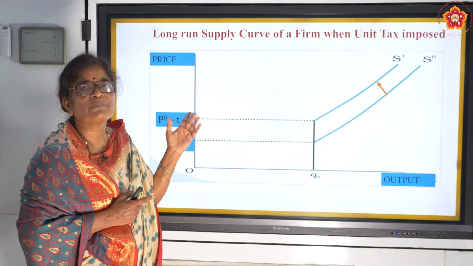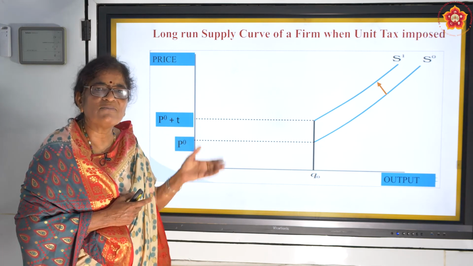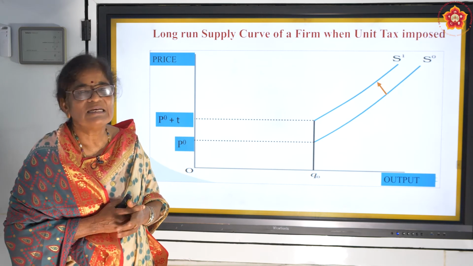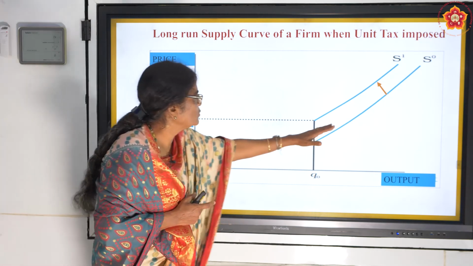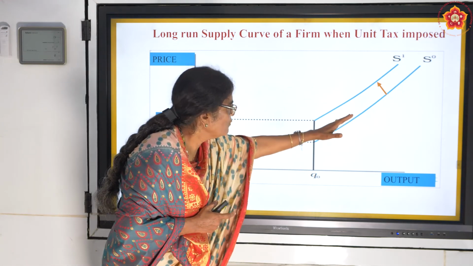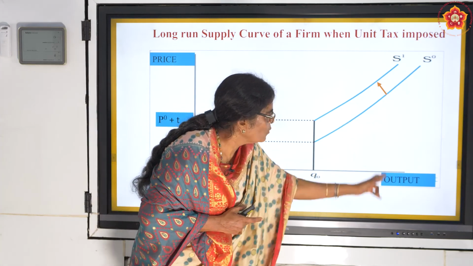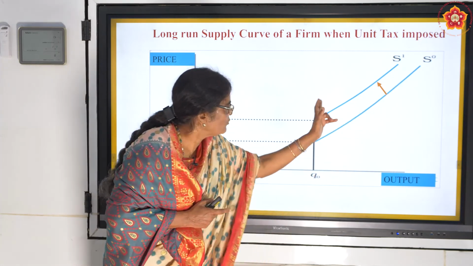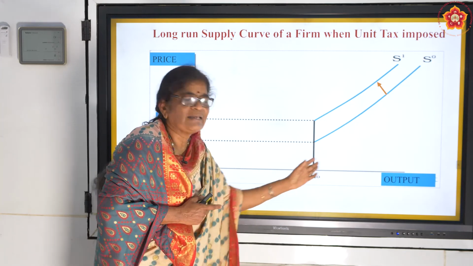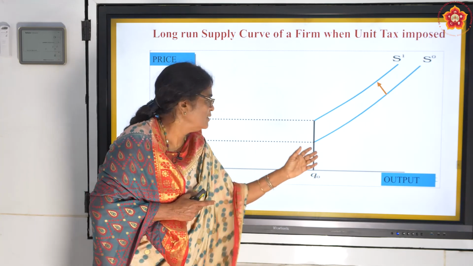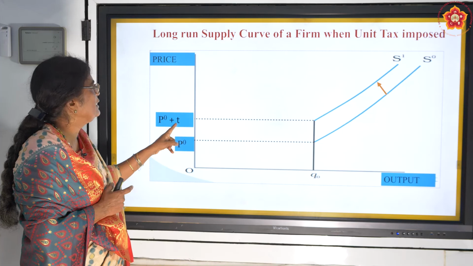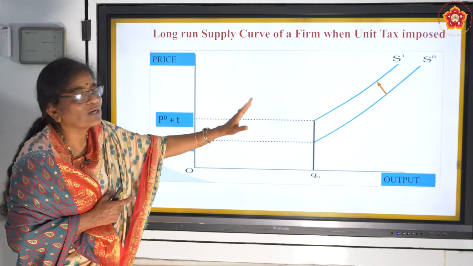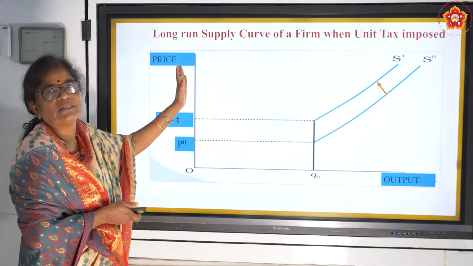Therefore, the price of the product increases, sales decrease, and supply decreases because the curve shifts leftward. We have seen that if it comes downward, output keeps increasing. If it goes leftward, output shrinks, that means lesser and lesser. Therefore, at P0 plus T, the marginal cost curve, in other words the supply curve, shifts leftward. I hope you understood.